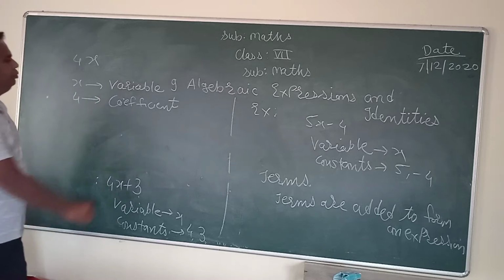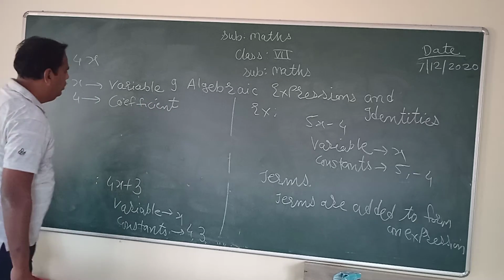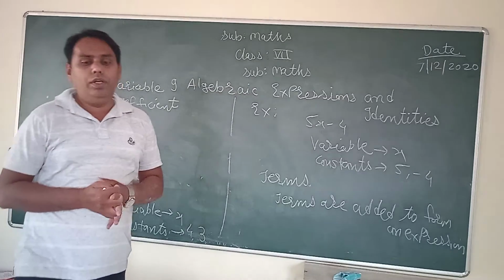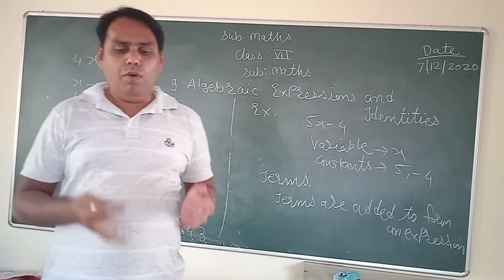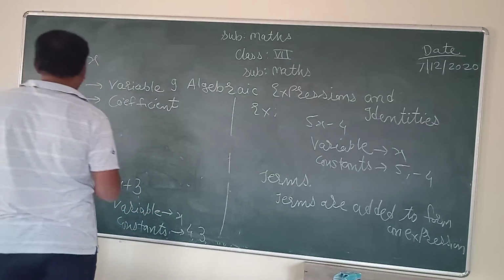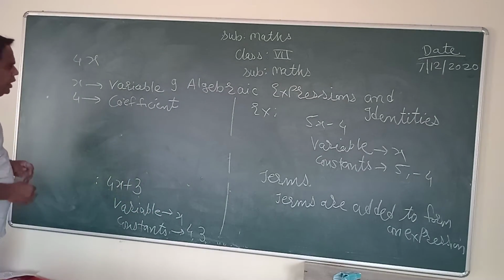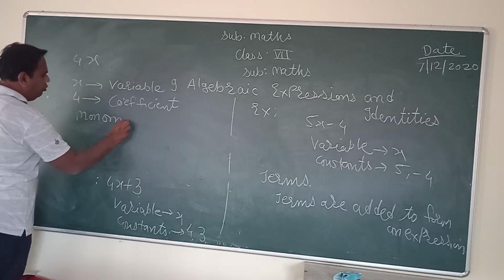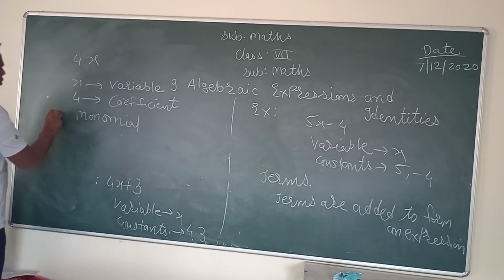Now after that we see the next topics. This topic means the polynomial, students. Monomial, binomial and then polynomial, students. So we write one by one here. The monomials, what do they mean?